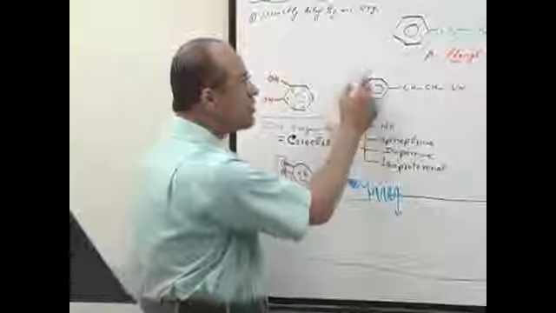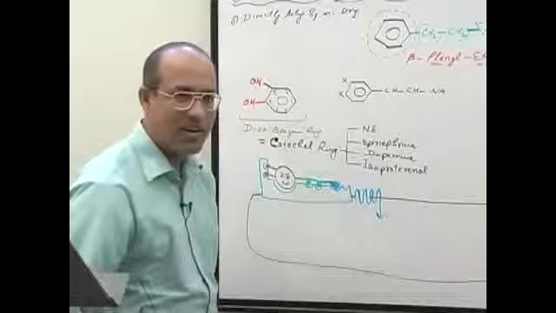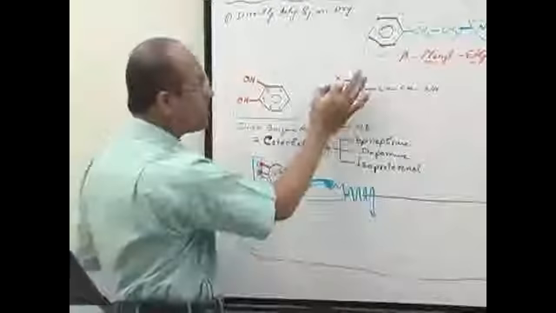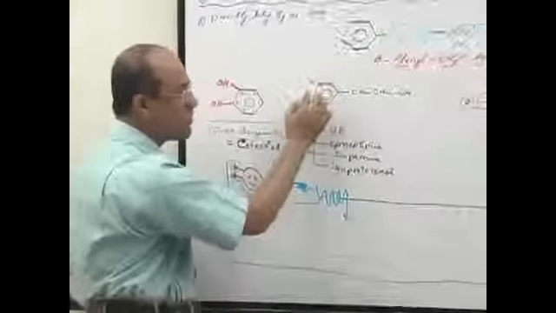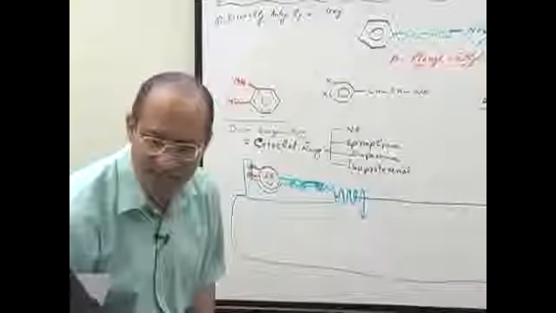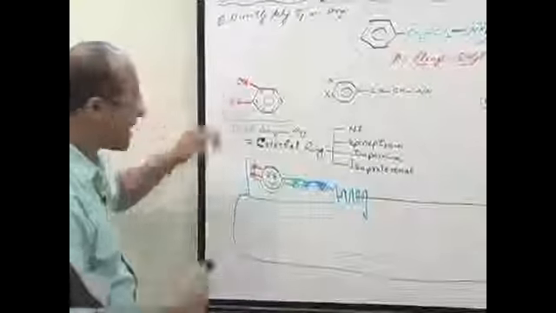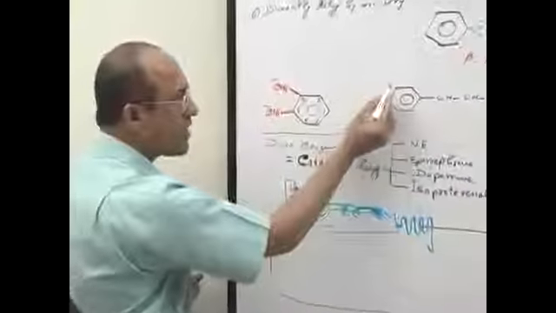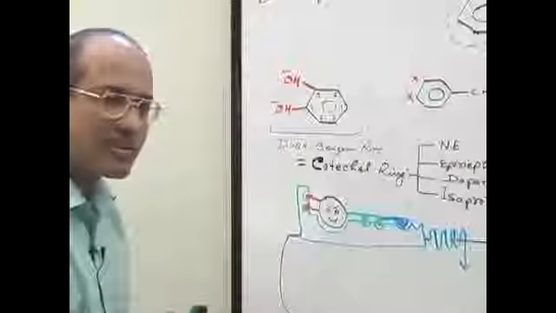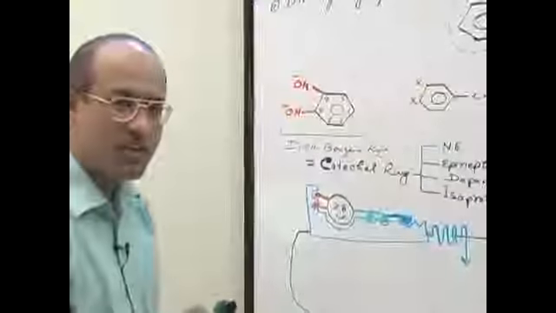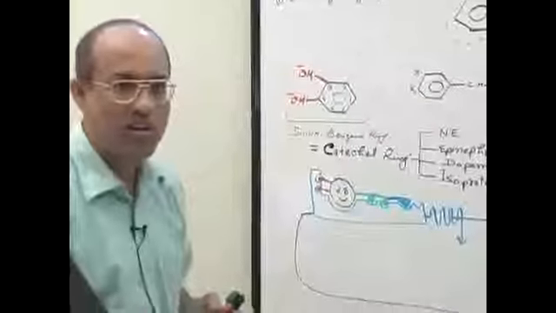When you knock off these two hydroxyls, the drug becomes more lipid soluble. Am I right or wrong? Because hydroxyls are the negative charges, and by removing these hydroxyls, you are making the drug less polar and more lipid soluble.